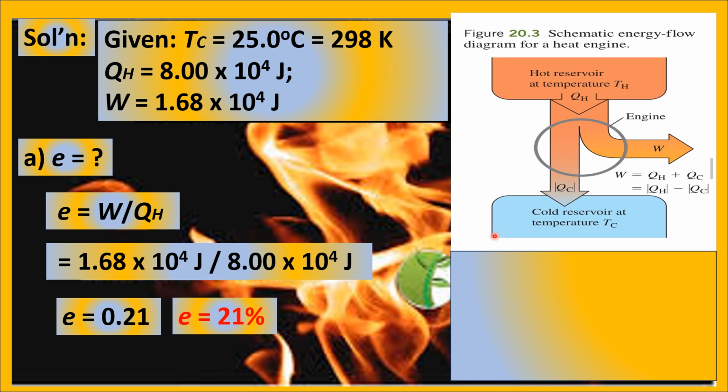That is, the thermal efficiency e is equal to 21%. And this efficiency means that only 21% of the heat input from the hot reservoir is converted to useful work or mechanical energy. So the rest of the input energy is expelled into the cold reservoir.